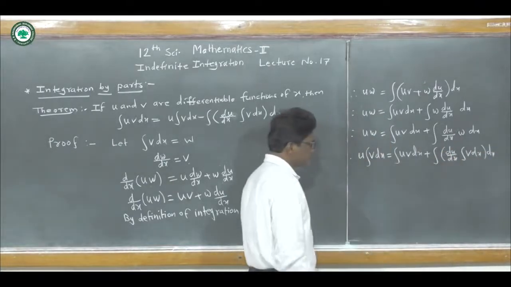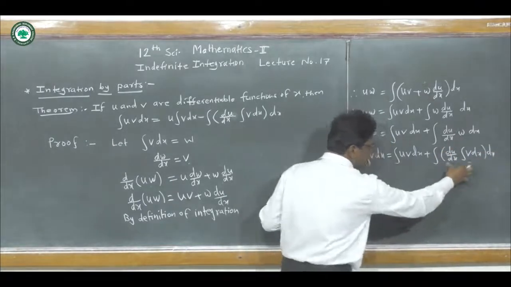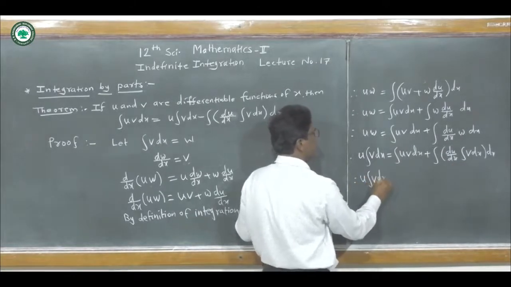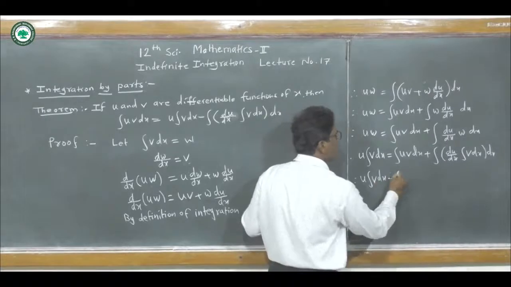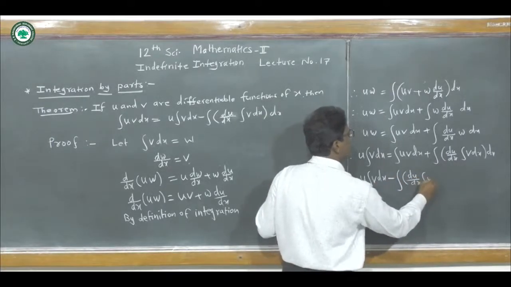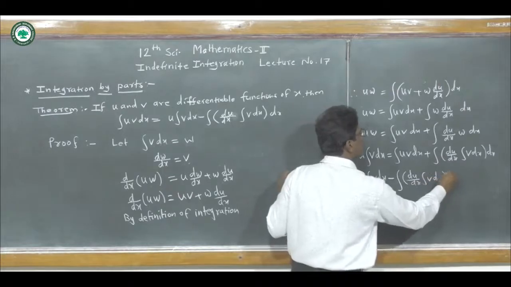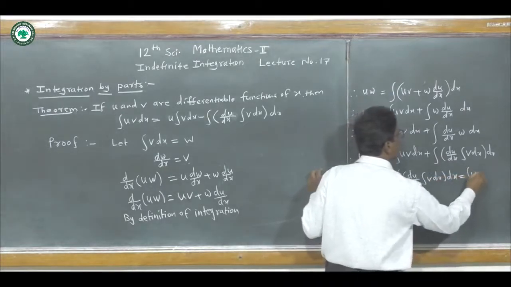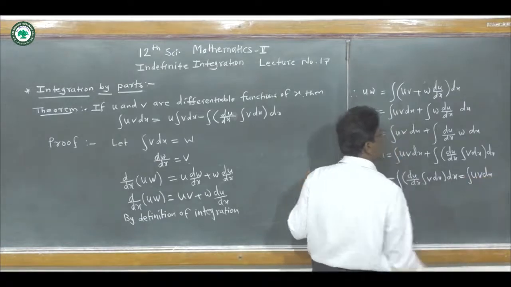And now here we carry this term to the left side, so we get u into integration of v dx minus integration of du by dx into integration of v dx with respect to x, and it is equal to integration of uv dx. This is the proof.